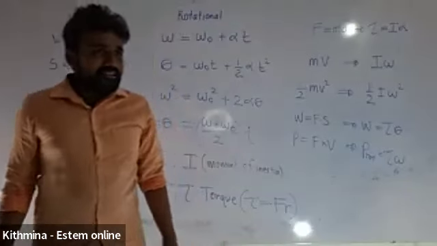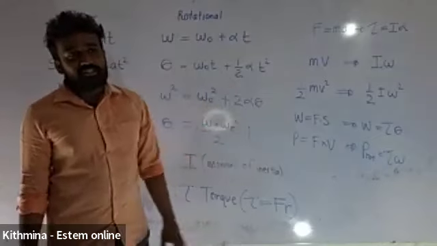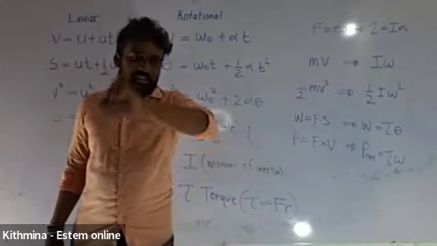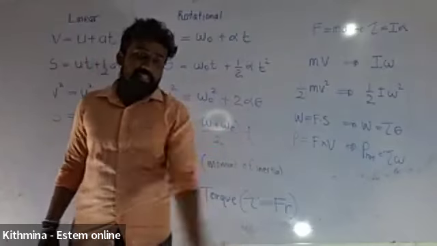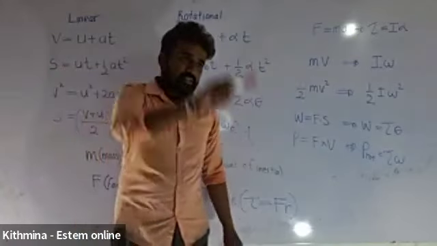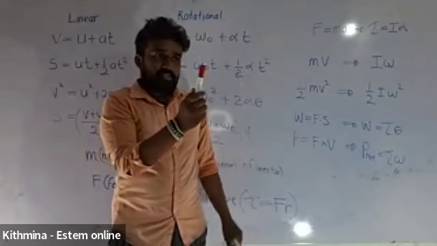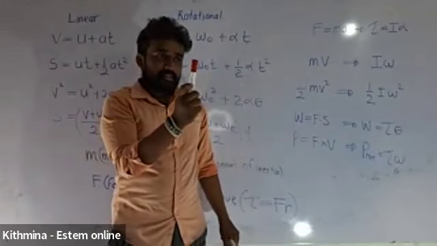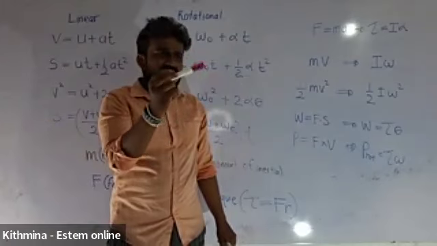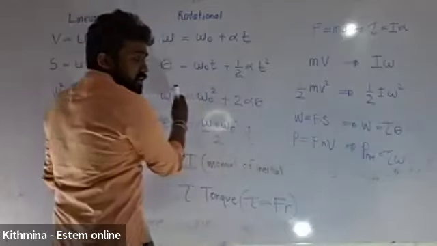No, not for the circular motion. Circular motion is when objects travel in a circular path. See, this is a circular motion. But this is a rotational motion. There is no circular path, it is just rotating.